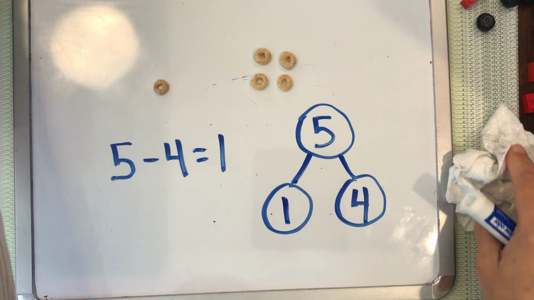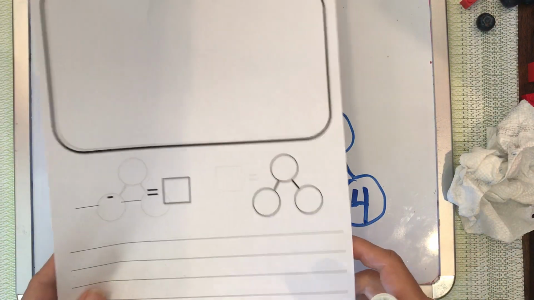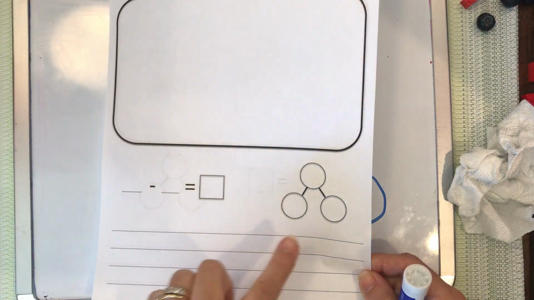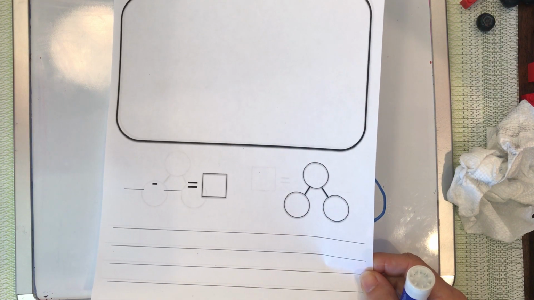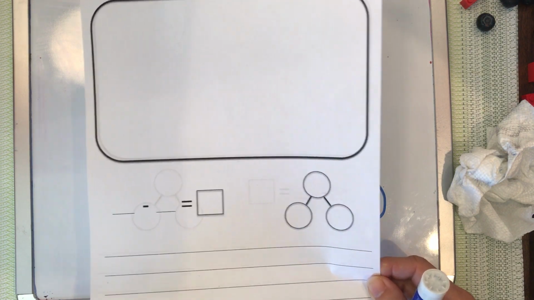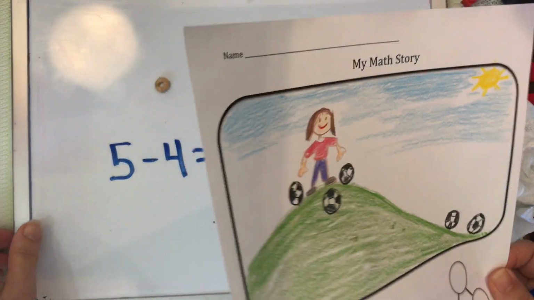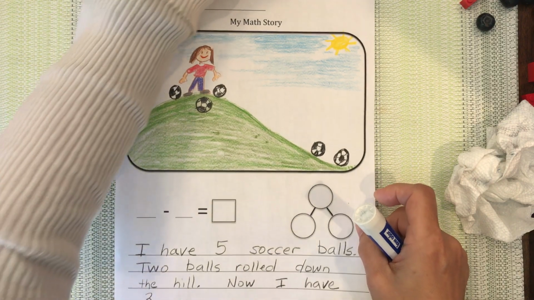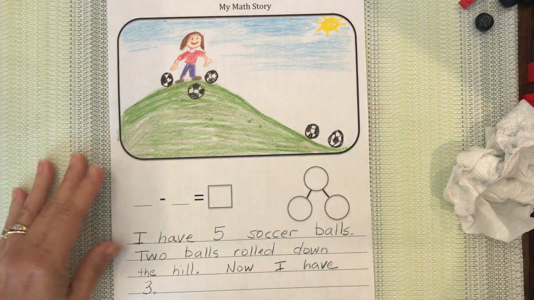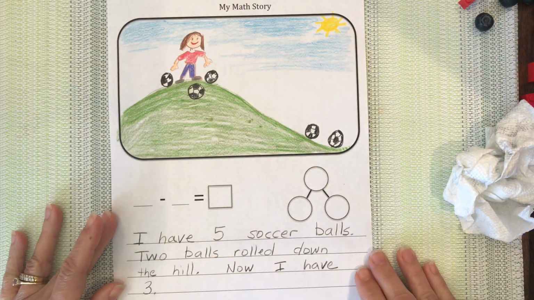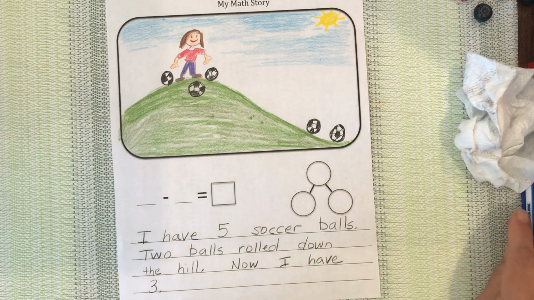So on this sheet, you will have a chance to show your picture, your number sentence, your number bond, and then you're going to write your story. So I did one just as an example so that you can see what you will be doing this week, part of what you'll be doing. So if we look at this together, before we read it, let's look at the picture.